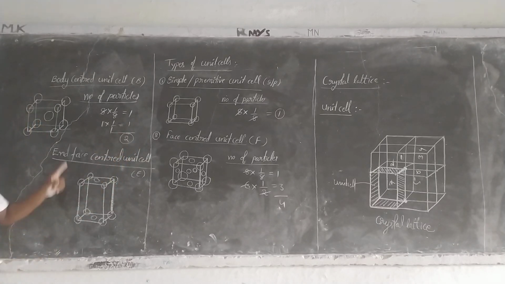So number of particles in body centered unit cell is 2.